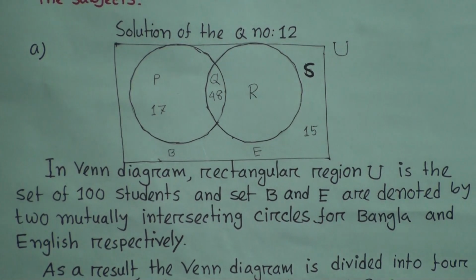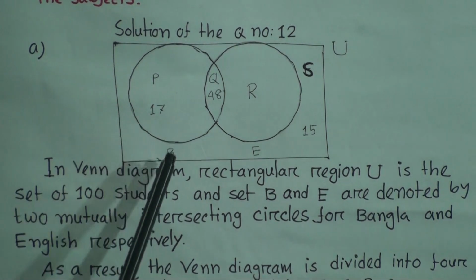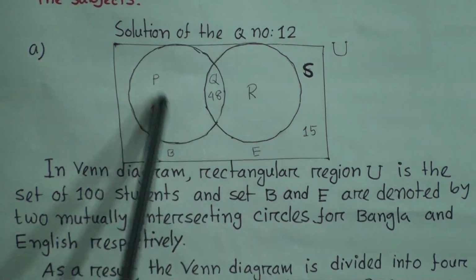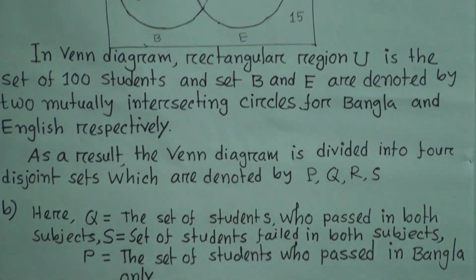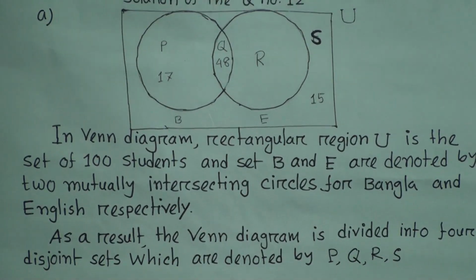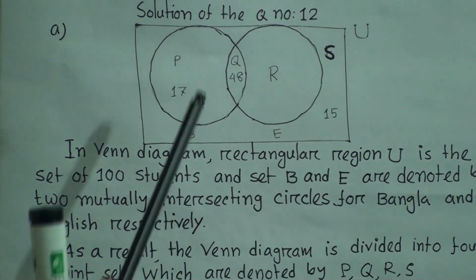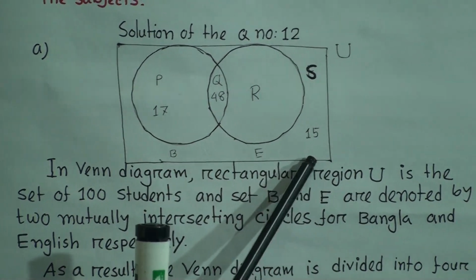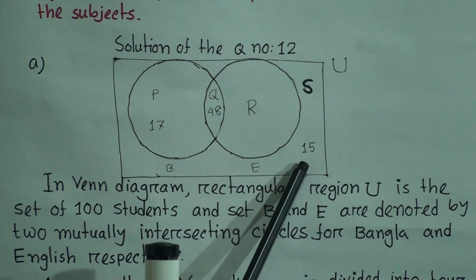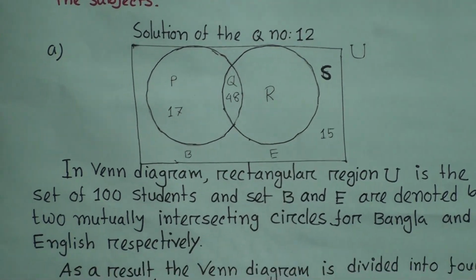Now look, B and E intersect and this region is named Q. That means 48 students passed in both Bangla and English. And 15 students failed.